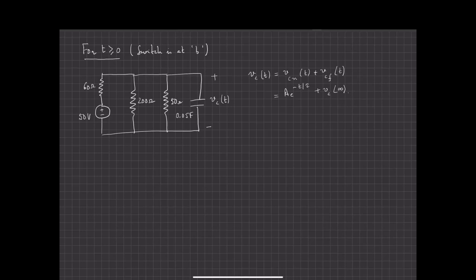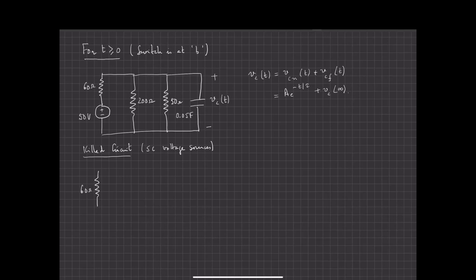All right, so first let's determine tau. In order to determine tau, I kill the circuit. So let's draw the killed circuit. Killed circuit means short circuit all voltage sources. So if I short circuit the voltage source, I get the following circuit.